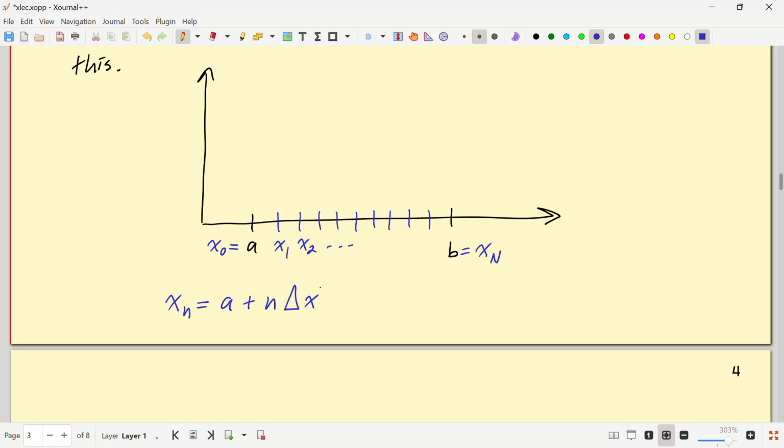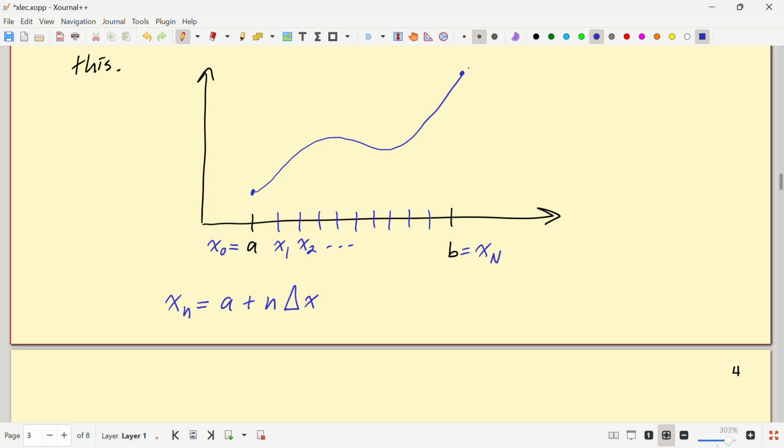Now if I was going to give you a step function, let's say my function is continuous and looks like this. I could make step functions by picking values inside those intervals.